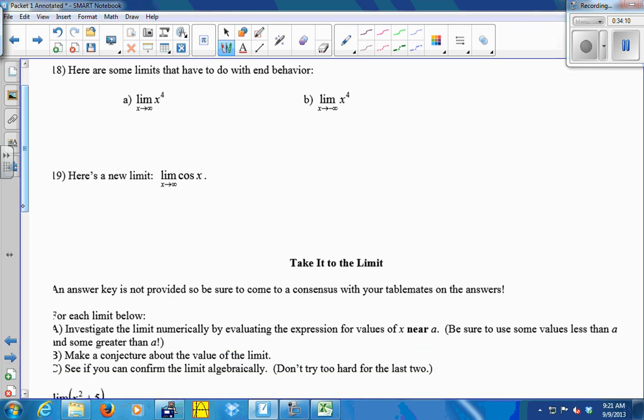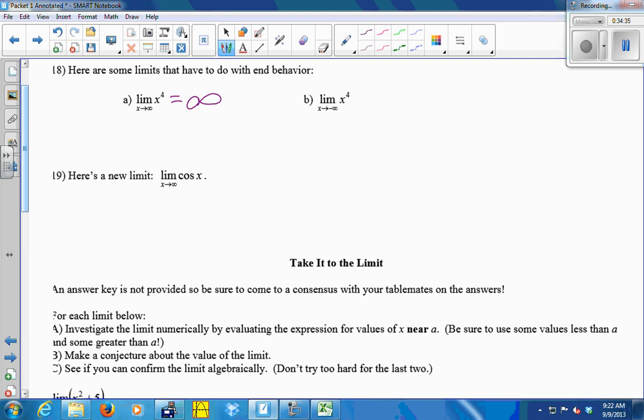Okay, here are some limits that have to do with end behavior. So instead of approaching a specific value, we're approaching infinity or negative infinity. We're letting the x values get really, really big in magnitude. So think about x to the 4th. What happens as you let the x values get huge? What happens to x to the 4th? It gets huge.